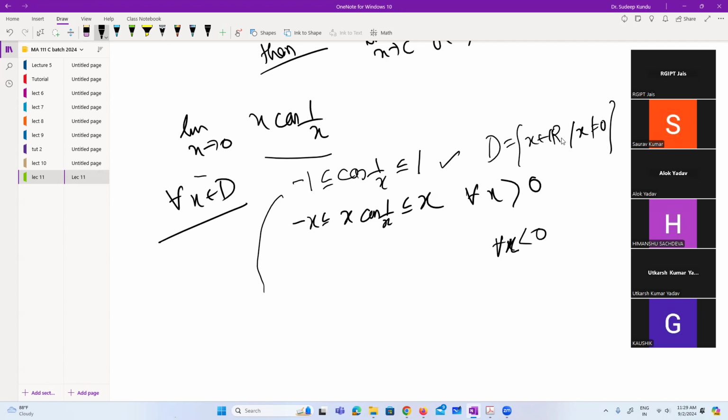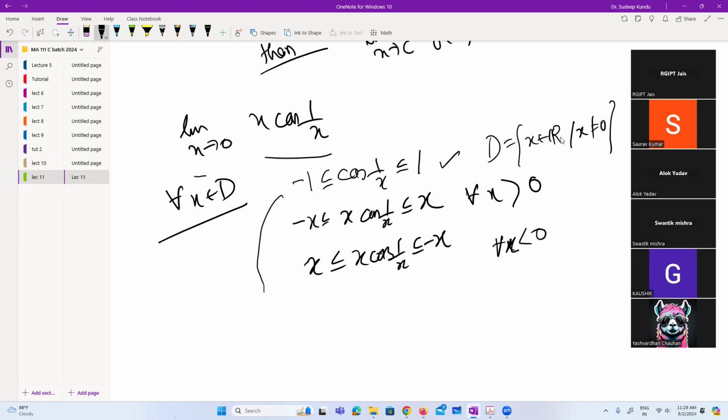The sign will change. Yes, the sign will change. So we'll write x less than or equal to x cos 1 by x less than or equal to minus x, right? So together, how will we write these two together?